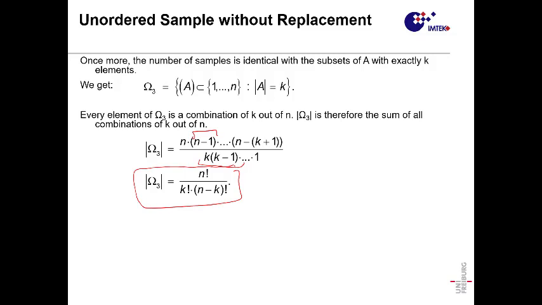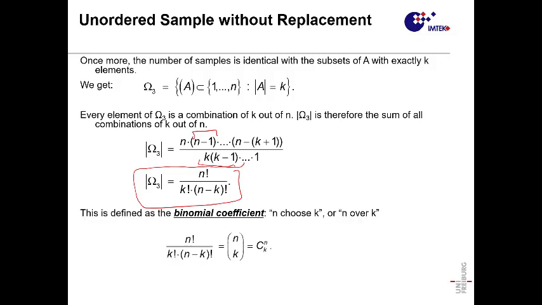This will be important for the binomial distribution when we get there in a few weeks. It's sometimes called the way of choosing k from a set of n values. This is a symbol that you will see often later.